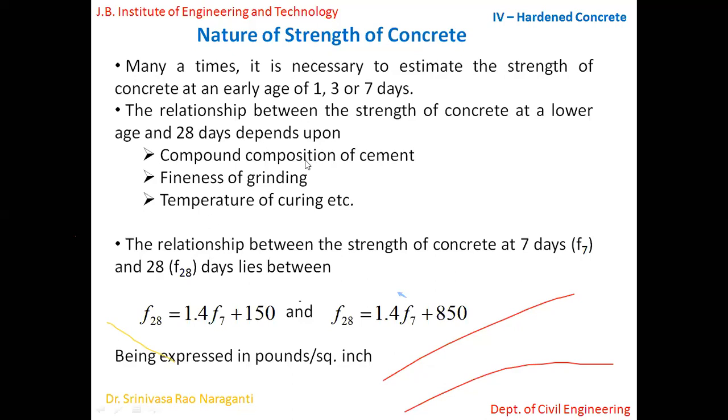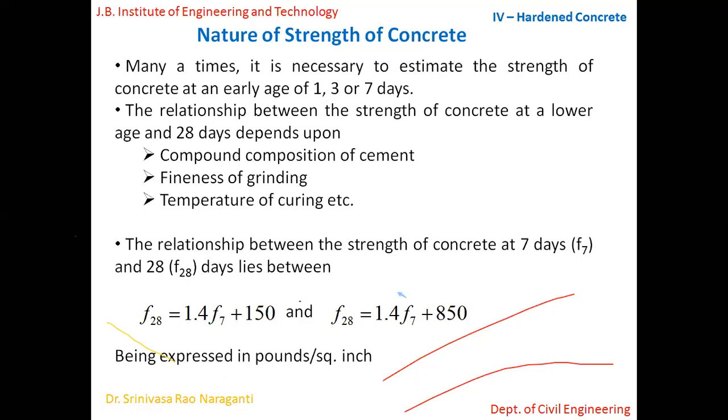Then fineness of grinding, that is the particle size of the cement. And then the temperature of the curing, at what temperature you are doing the curing. These are the main factors that influence the strength of concrete at 28 days or in the early age, 1 to 7 days strength.